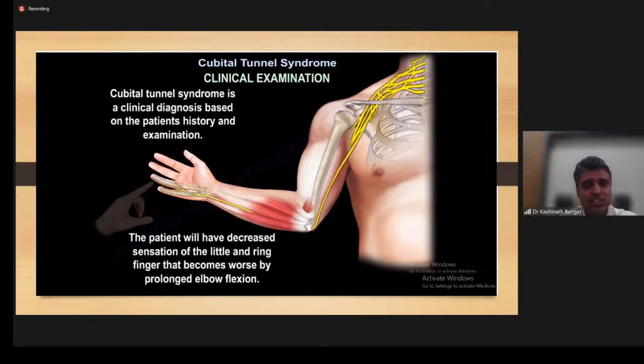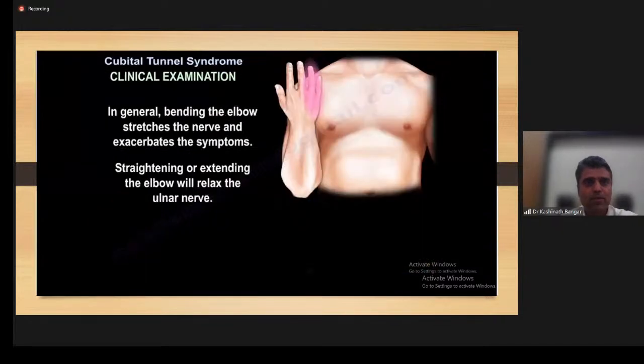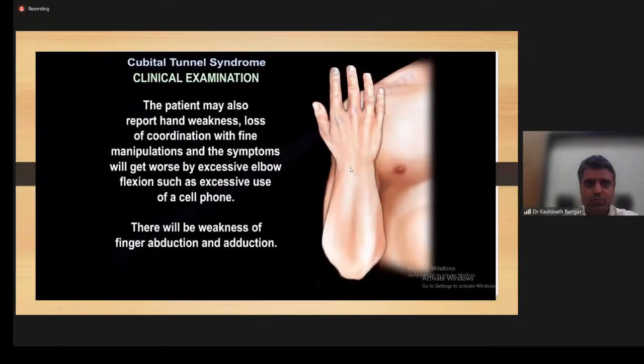Patient will have decreased sensations, okay, and that decreased sensation or pain becomes worse when the elbow is flexed for a prolonged time. In general, bending stretches the nerve and exaggerates the symptoms, while extension relaxes the nerve and decreases the symptoms. Right?